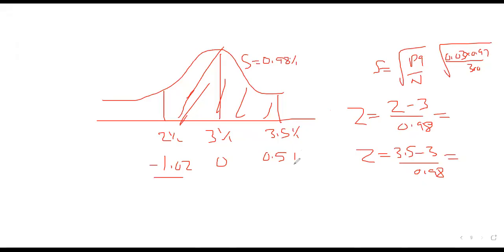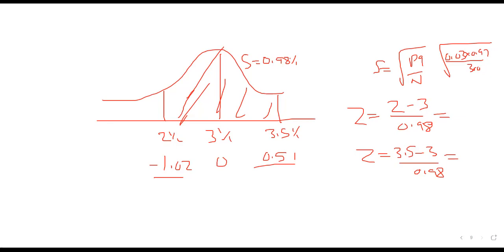So these ones, you read them in the table. What is 1.02 in the table and 0.51? Negative 1.02, and go into the table.